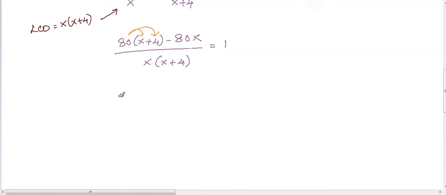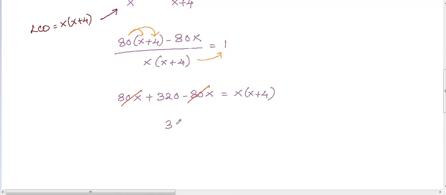We will get 80x plus 320 minus 80x equals, if we move this x into x plus 4 to the right hand side, we will get x into x plus 4.